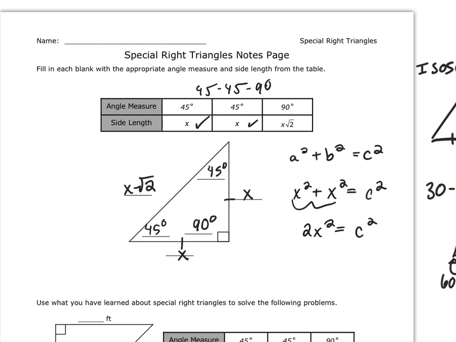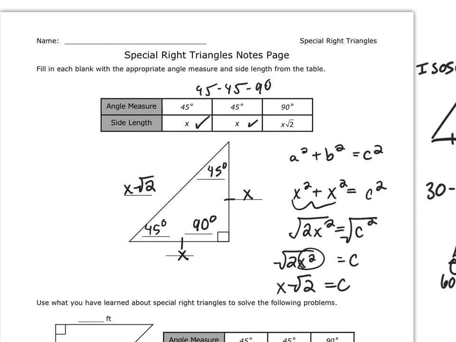My next step will be to take the square root of both sides. So now my hypotenuse is going to be equal to the square root of 2x squared. And I know the square root of x squared is just x. So x times the square root of 2. And look, that's exactly what we have for a hypotenuse here.